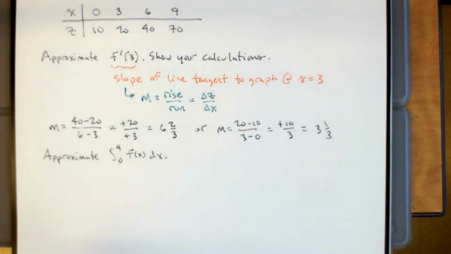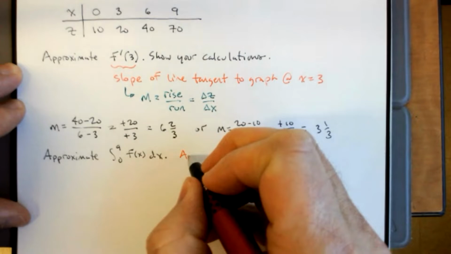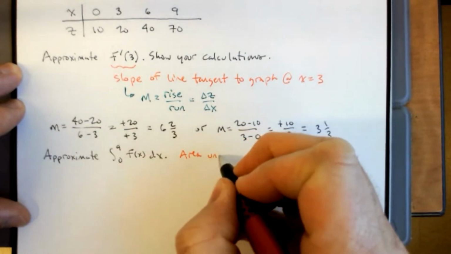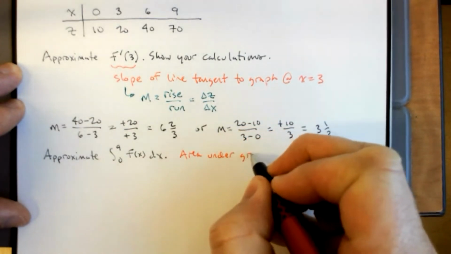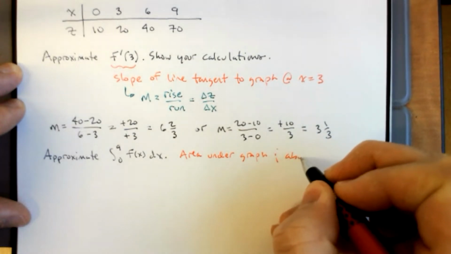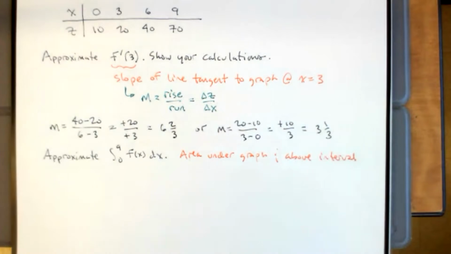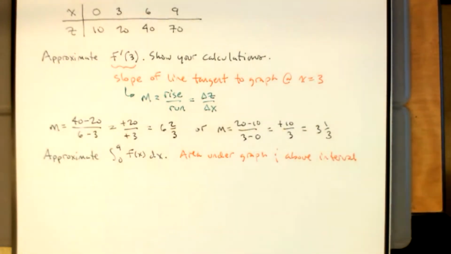We're going to think of this area: the area under the graph and above the interval.